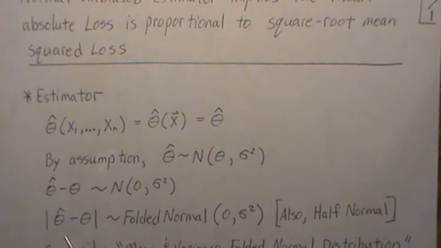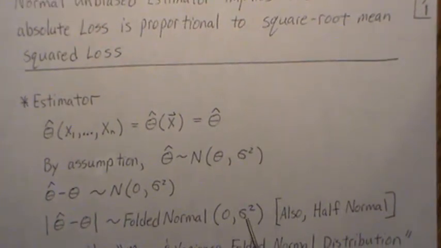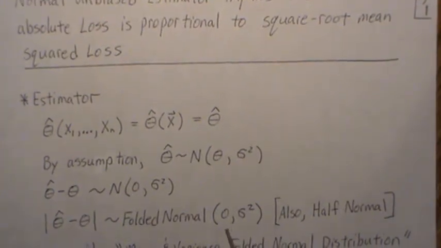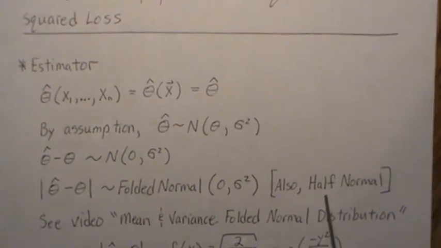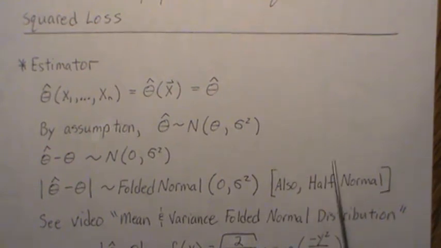Now if we take the absolute value of our estimator, then it's what's called a folded normal distribution with mean 0 and variance sigma squared. And since the mean is 0, it's actually probably better called a half normal distribution. I have a video called the mean and the variance of a folded normal distribution, and when I put this out I didn't have a video on the half normal, but 2 days ago I put out a video on the half normal.